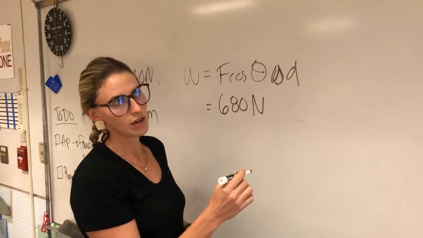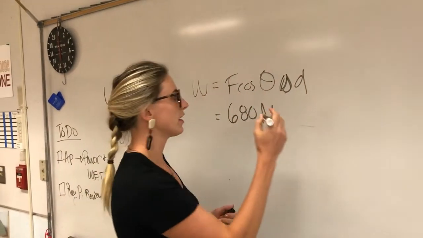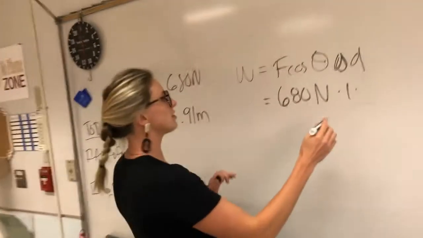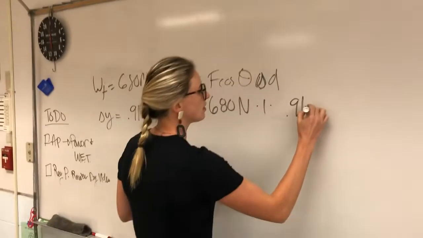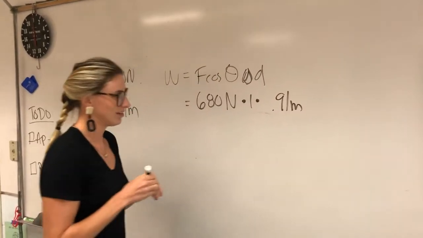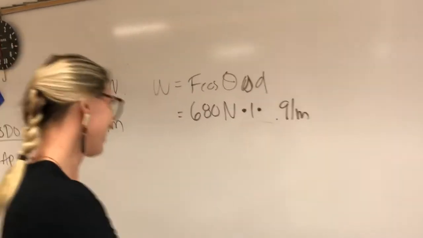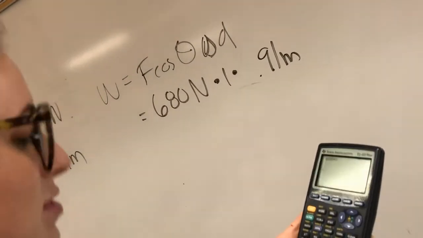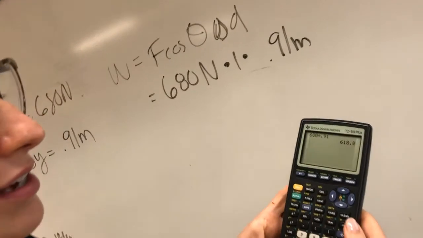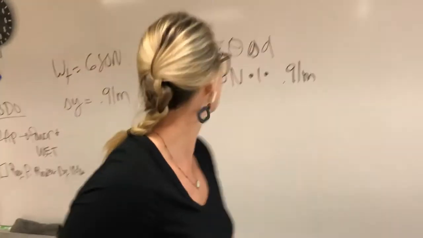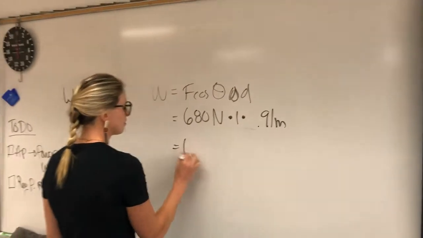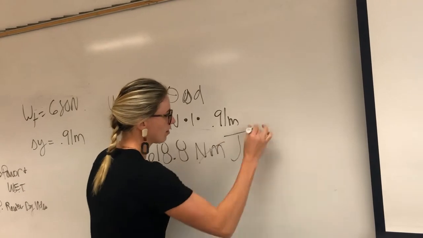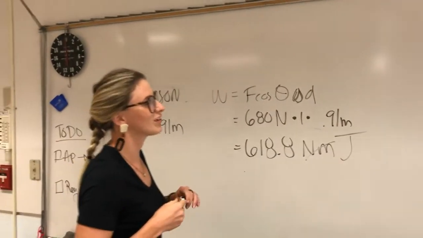The cosine of 0 is just 1, times my displacement of 0.91 meters. 680 times 0.91, and I get 618.8. What are my units? Newton meters, which gives us a joule.